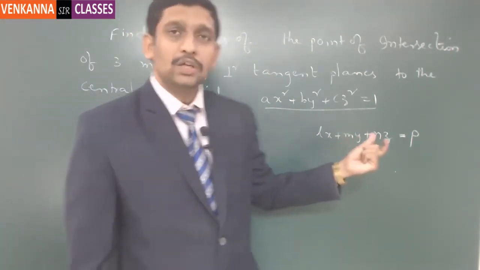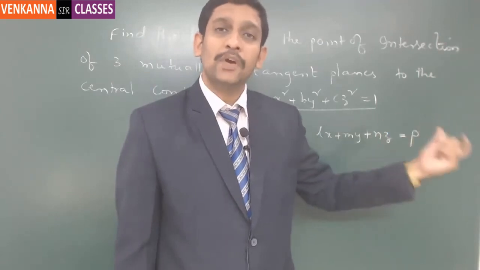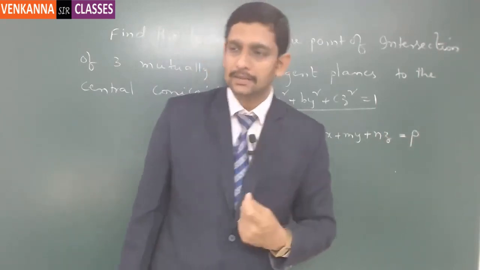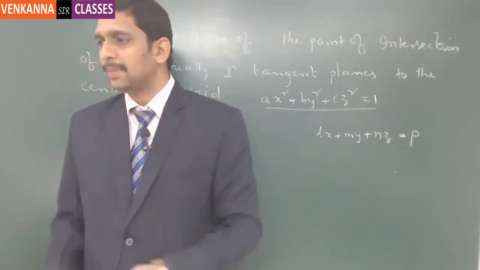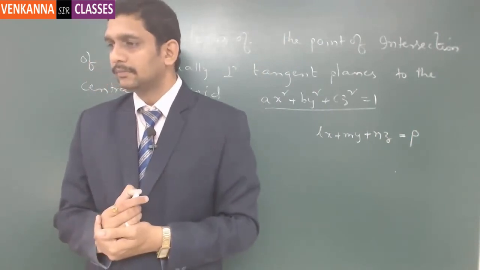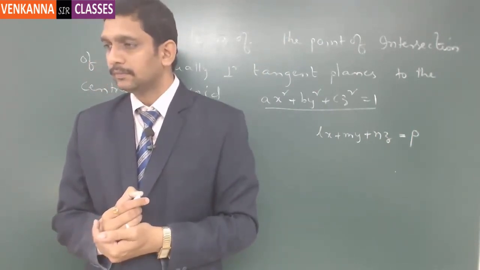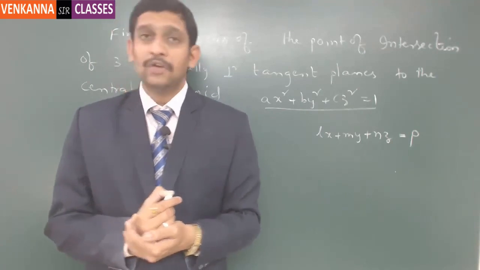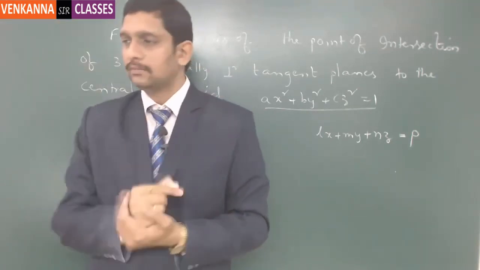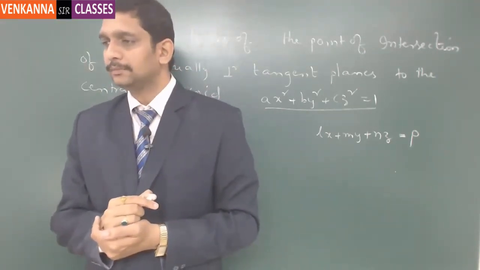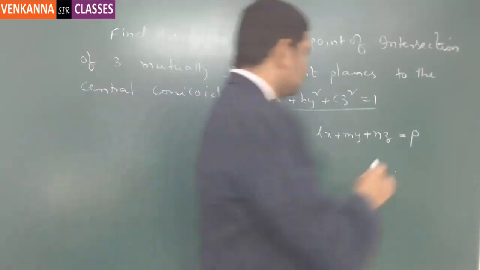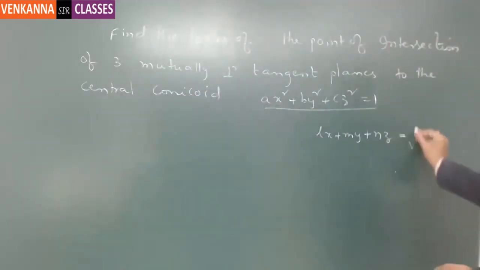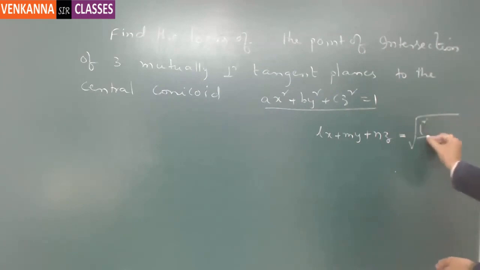And we got an expression for P also. Can you recollect how we calculate the distance P? It is nothing but the square root of L square by A plus M square by B plus N square by C.